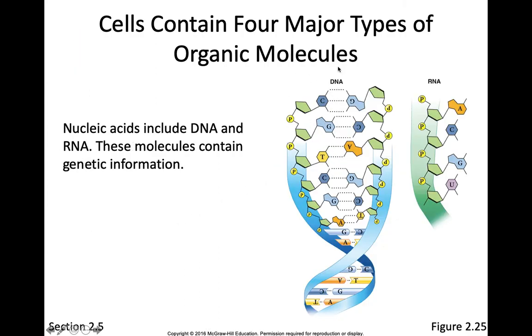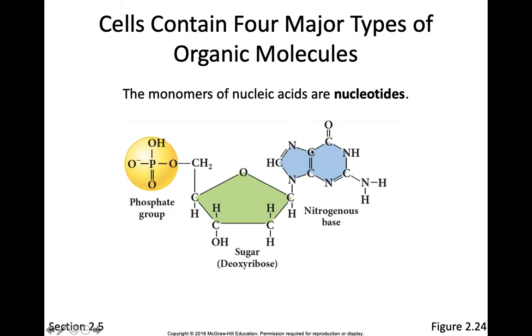So another type of biological molecule is nucleic acids, and DNA and RNA are the two types of nucleic acids. They contain genetic information, which is the code for all life. It's coded for in things called nucleotides, which is the monomer of nucleic acids, the subclass molecule of a nucleic acid.